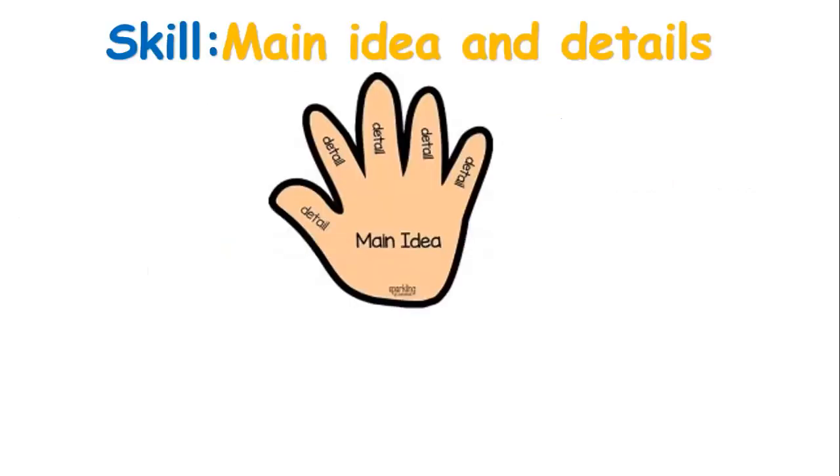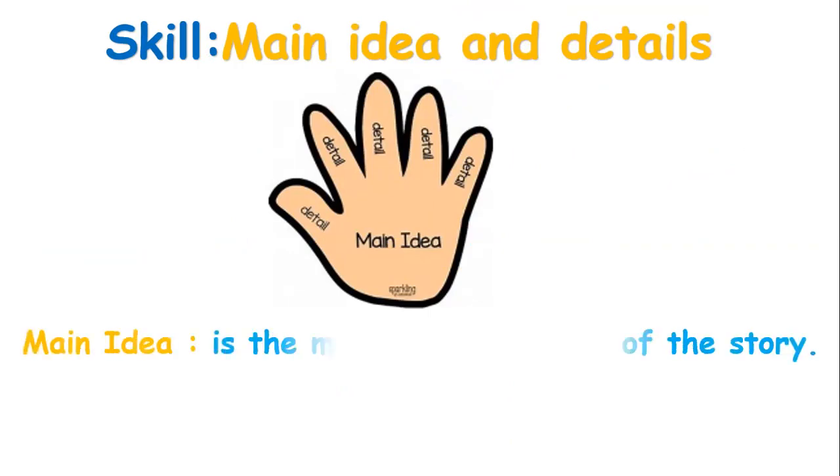Now let's talk about the skill. The skill here in this story is main idea and details. What's the meaning of main idea and details? Main idea is the most important idea of the story.